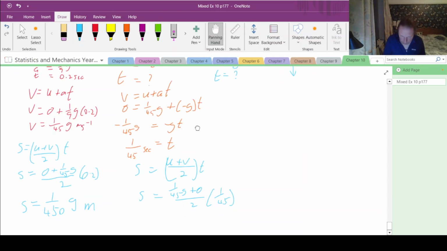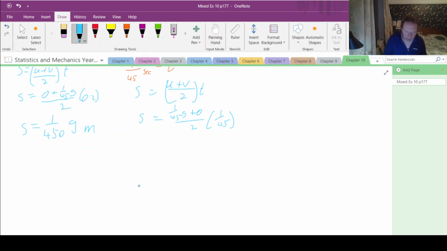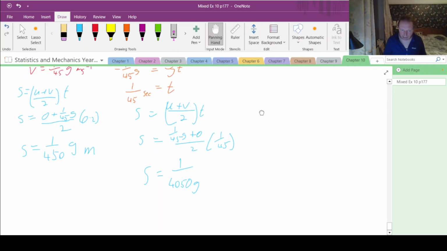Okay, so this S comes out at 1 over 45 divided by 2, the 1 over 90, times by the 1 over 45, 1 over 4050 g. So both of those added together plus 2 meters is how far I've got to fall coming down here.